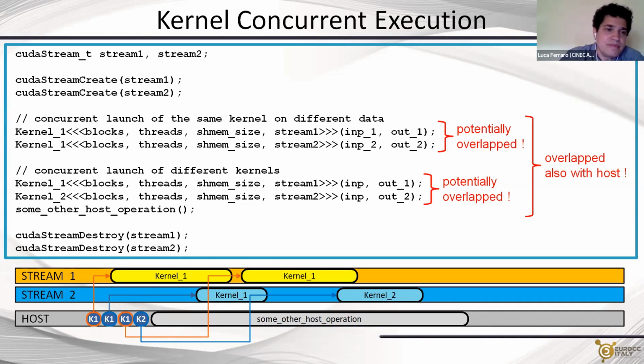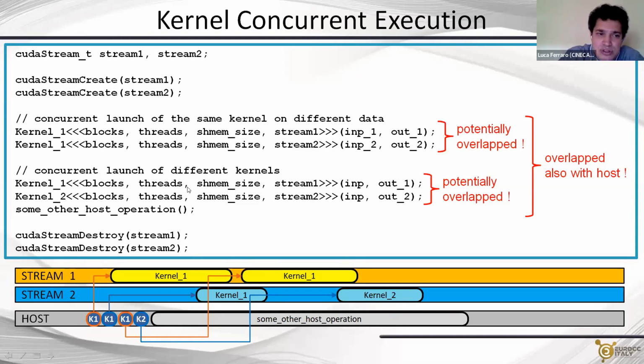Another example is the execution of kernel 1 and a different kernel, kernel 2, on these two streams, stream 1 and stream 2. Again, they can potentially be executed in overlap.